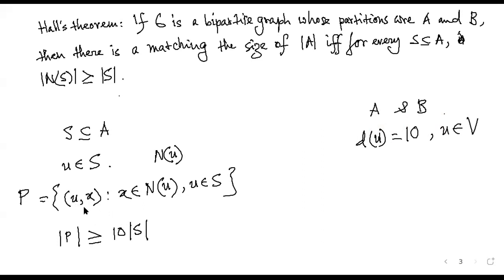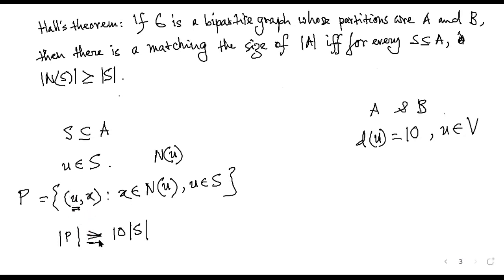Can you see why? Just look at how many times each element will occur. Corresponding to U, this is not even less than or equal, this is basically equal.